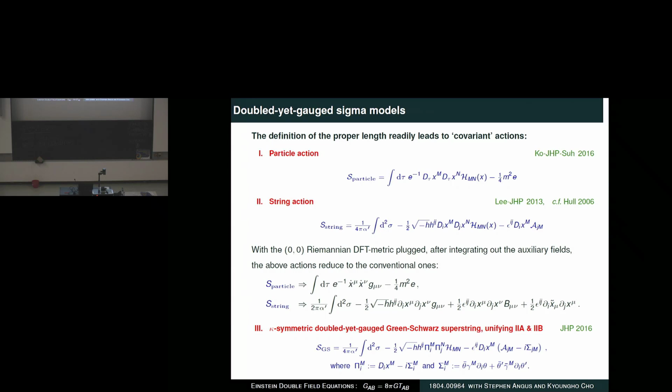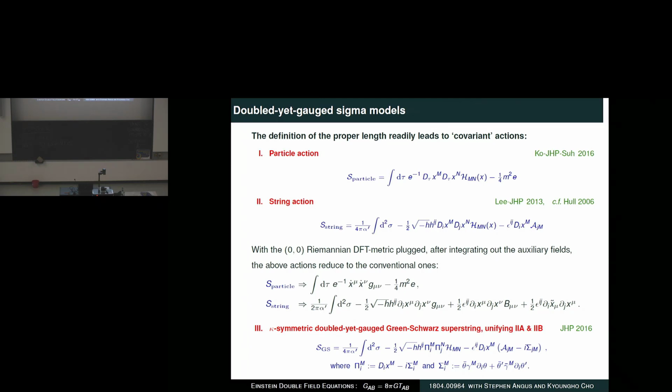Again, with the (0,0) Riemannian DFT metric plugged in, these O(D,D) manifest doubled gauged sigma models all reduce to the conventional point particle action or the string action, plus some total derivative, where you can still see the tilde coordinate. This also extends to the kappa-symmetric Green-Schwarz superstring. And thanks to the twofold spin group, it also unifies IIA and IIB.